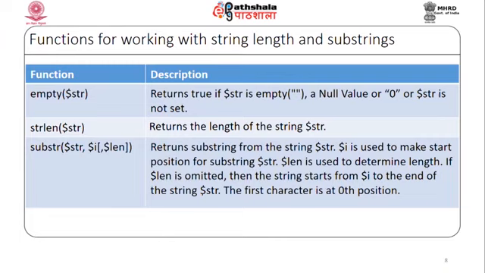And the third function is substr. It returns a substring from the string $str, and $i is used to mark the start position for the substring of $str, and $len means length, used to determine the length. If $len is skipped or omitted, then the substring goes from $i to the end of string $str. The first character is at the 0th position.